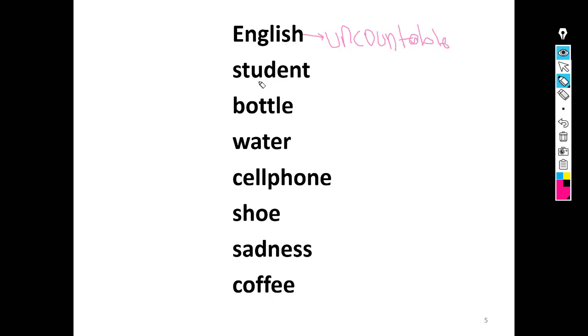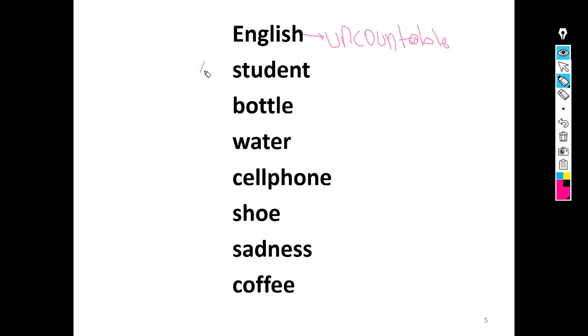Look at students. Student is a noun, and can we count students? For example, I'm your teacher, right? And can I say, please, 5 students come here? Yes, of course, I can count the students.